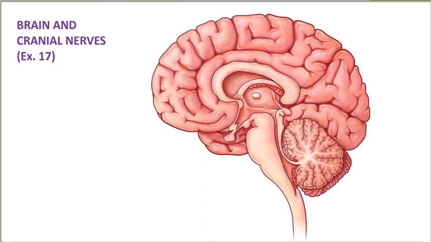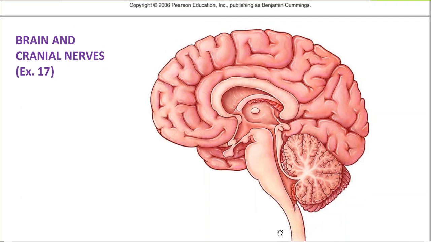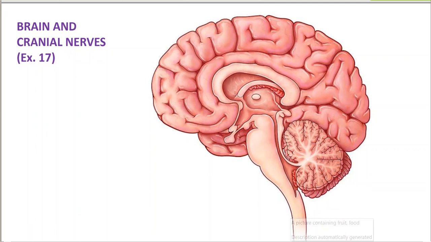So here is a sagittal cross-section of your brain and your brain stem and your spinal cord. And so your spinal cord starts down here. Spinal cord is down here, right? All of that stuff is spinal cord.